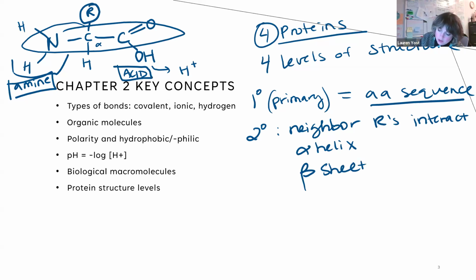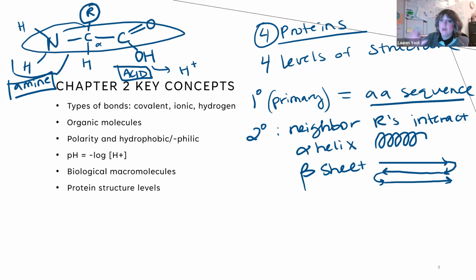Alpha helix is whenever that amino acid sequence becomes a helix. A pleated sheet is when you have a straightaway and then something happens that causes it to turn back, and then you have another straightaway, and then it turns back again, and you have a straightaway, etc. And this is a beta pleated sheet. It creates these sheets of back and forth straightaways.